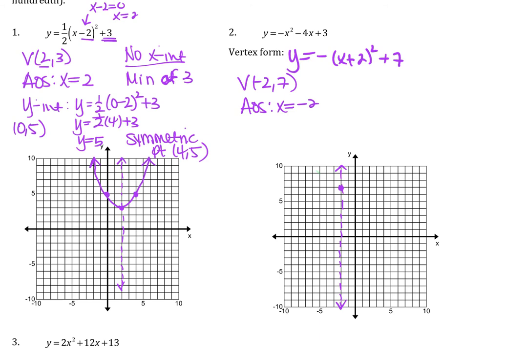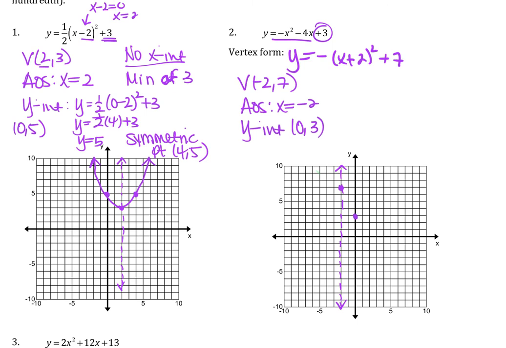And I graph that. Next, I'm going to find my y-intercept. Since we have standard form up here, remember my y-intercept is just the c value. So I don't have to do as much solving for my y-intercept as I did for the previous example.